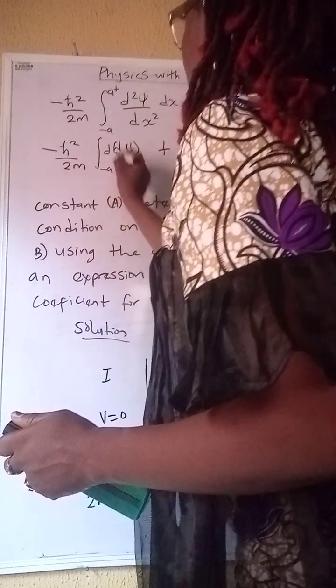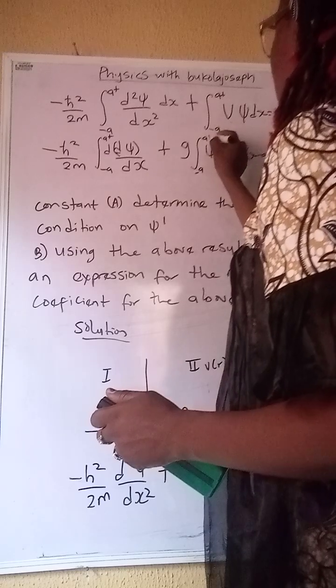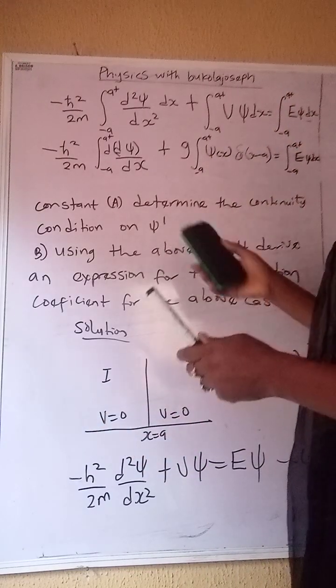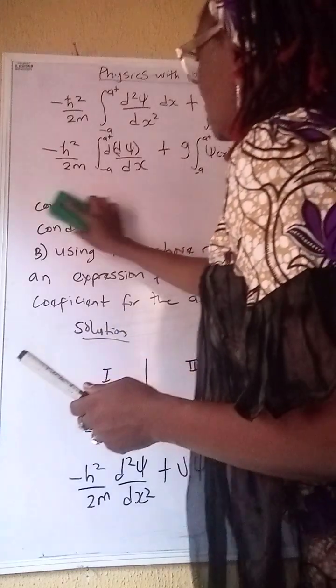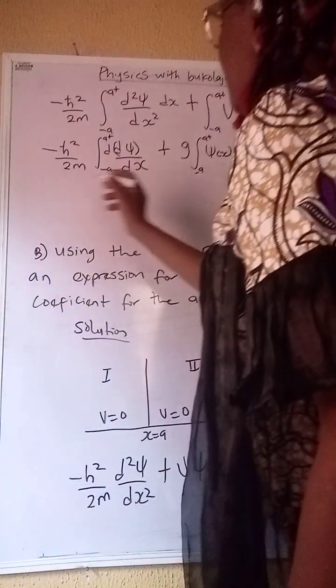Let me add the before and the after. Okay, so remember we want to determine the continuity condition on psi prime. That's the first question. So we will further break it down.